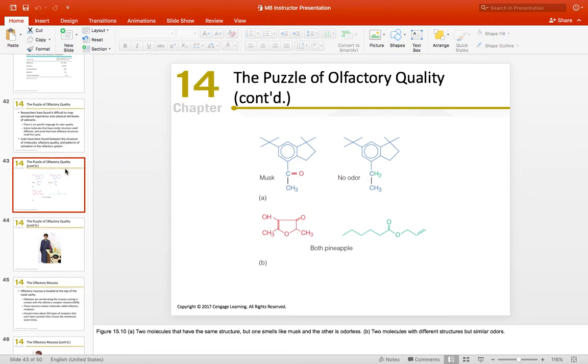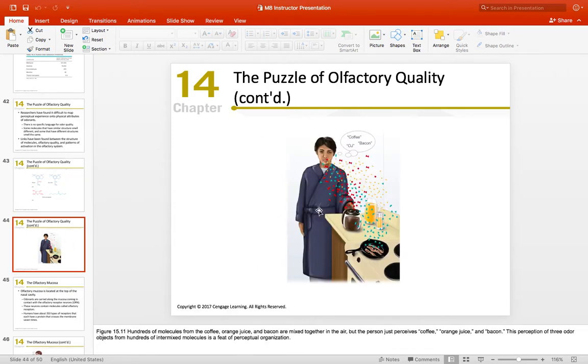So how is it that we can identify all these different odors in the first place? What is that connection between the physical stimulus and that subjective experience? Not quite certain. Another question, which your author mentions, and rightly so, is look at this. Here's a typical breakfast. Looks nice. There's some bacon, orange juice, some coffee, maybe some toast in the background you don't see.